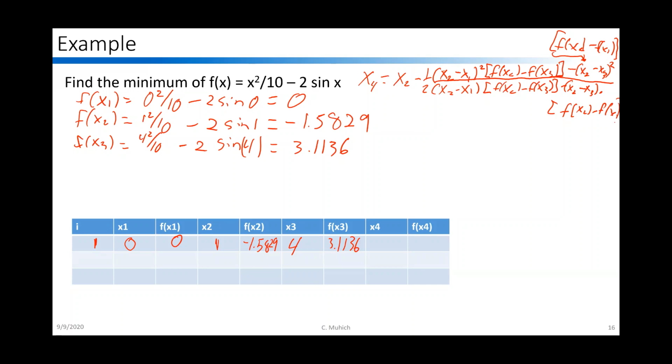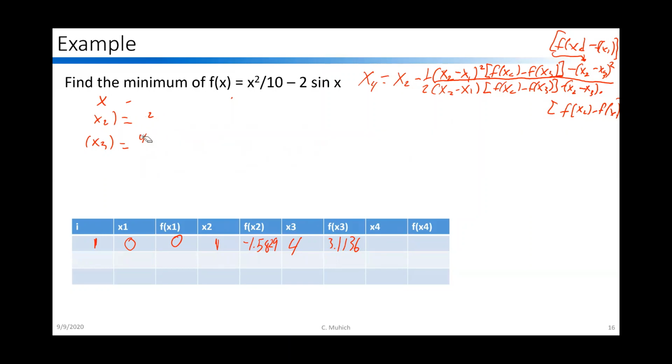Okay, so it's a big long equation, but we know all of these little pieces. So I'm going to erase some of this earlier math as we're going through these iterations.